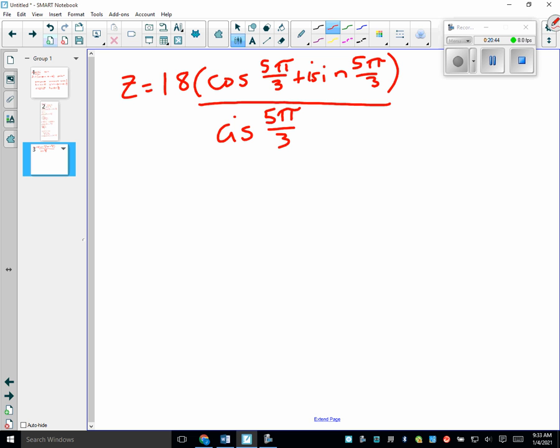Now, how would I do this? 5 pi over 3 is in what quadrant? Fourth. Okay. So it's over here. What does this make this angle? Pi over 3 in radians, 60 in degrees. So isn't this 1, negative radical 3 and 2?